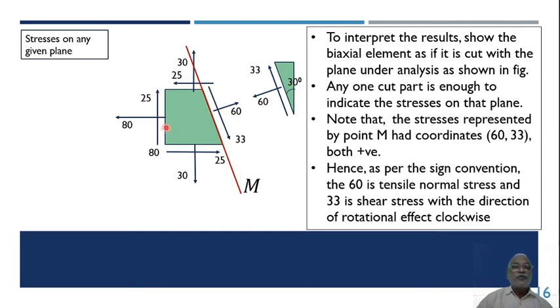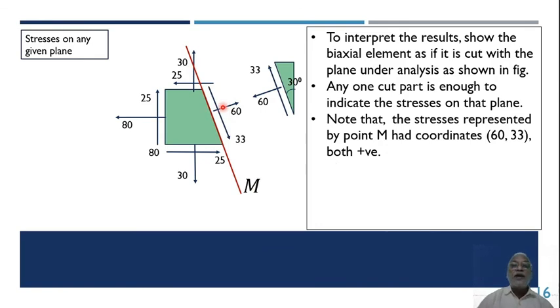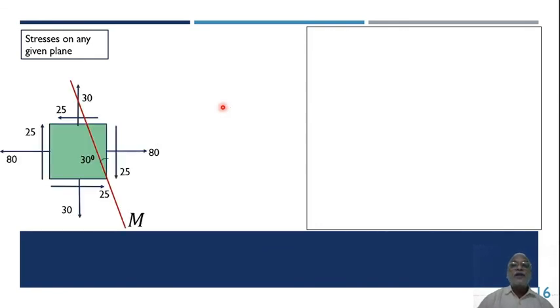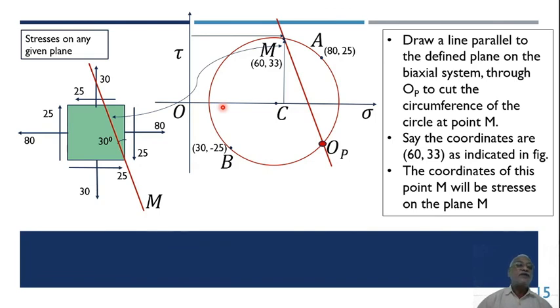So if you are drawing a stressed element and then stresses on the inclined plane, some general plane, then how do you interpret the results? Now I'll go back to that. You have seen that when you draw a line parallel to this, it gives you a point with coordinates 60, 33. What is the meaning of 60, 33?